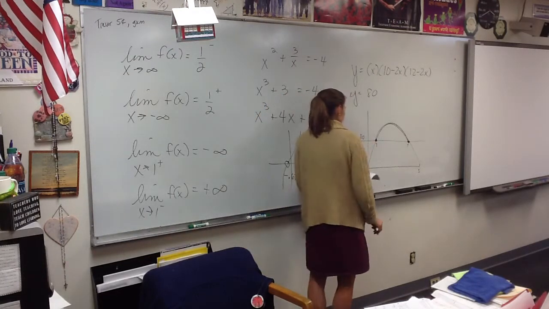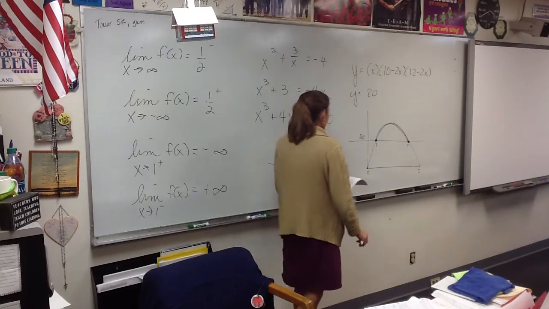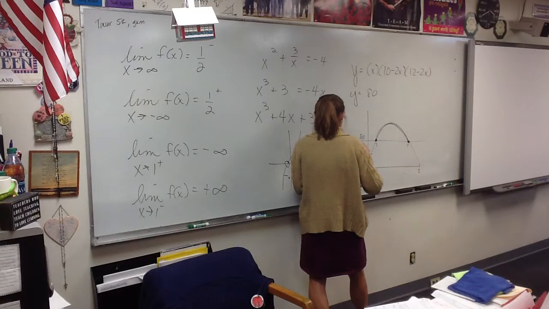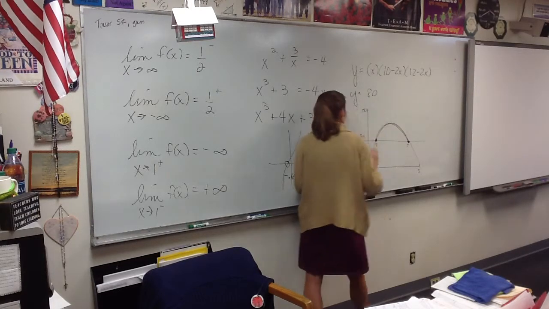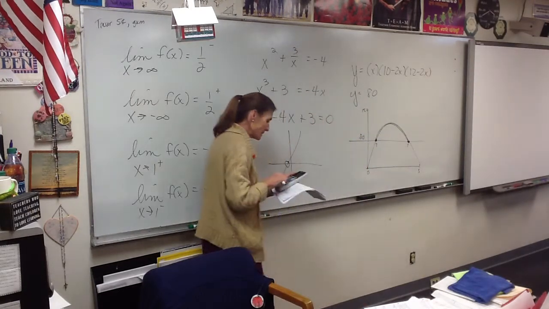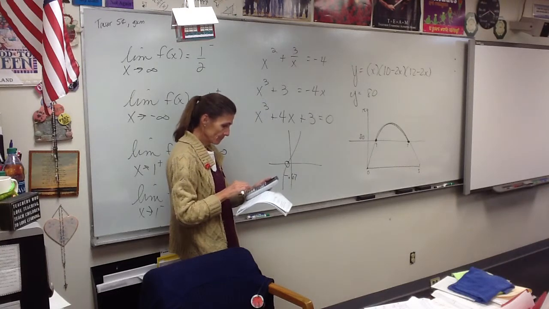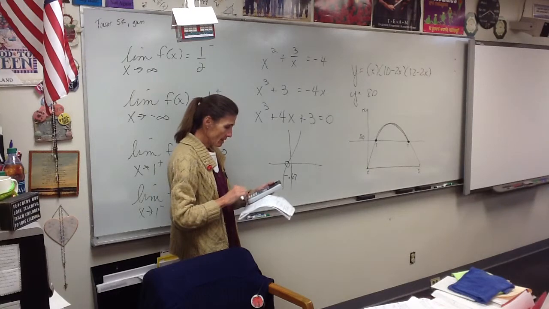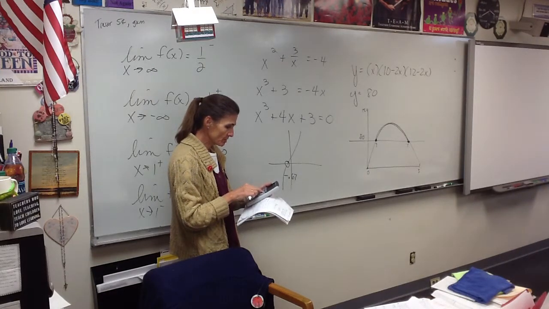This nice picture. I used 0 to 5 and 0 to 150. And I got that nice little picture. And I'm looking for the intersections.